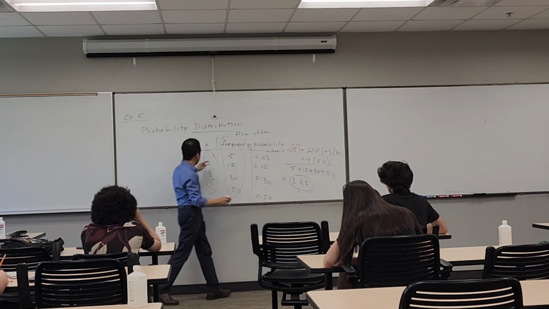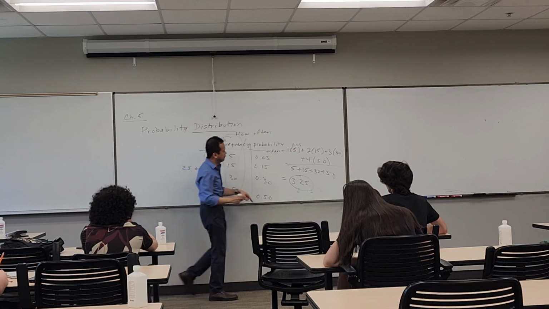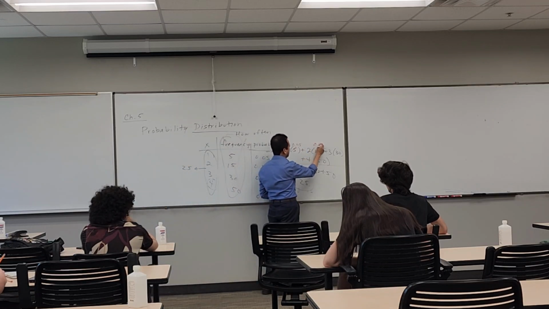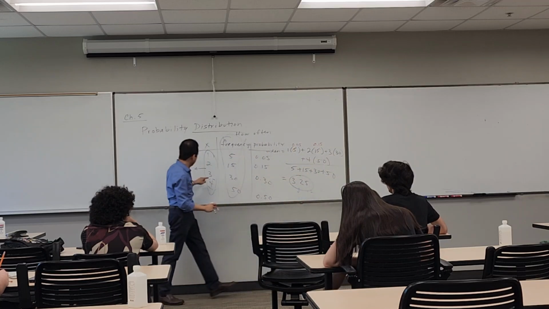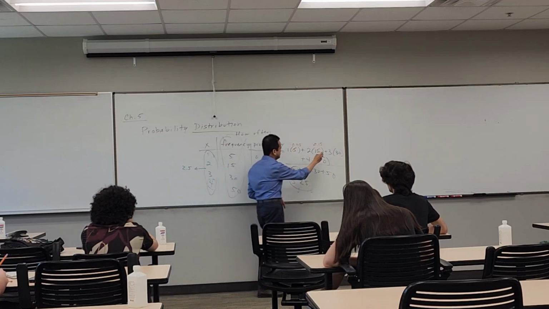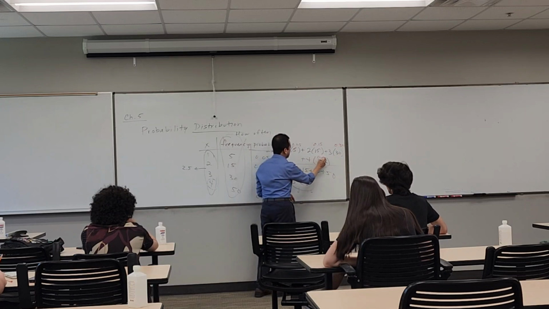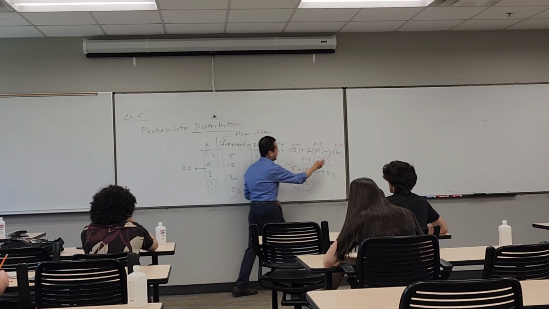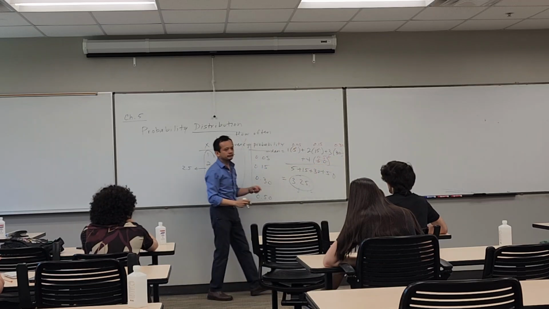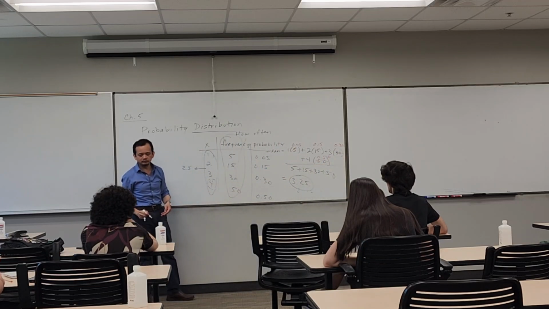Plus 2 times, instead of 15, 0.15. Plus 3 times, instead of 30, 0.3. And so on. Instead of 50, we're going to multiply by 0.5. And in the end, we divide by the number of numbers. So what do you think we should be dividing by?